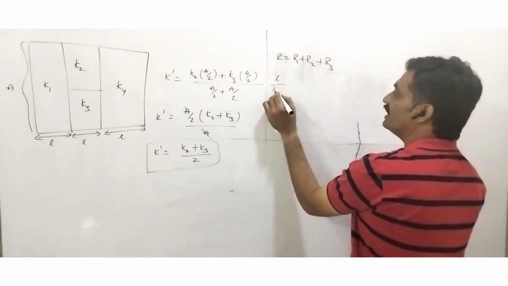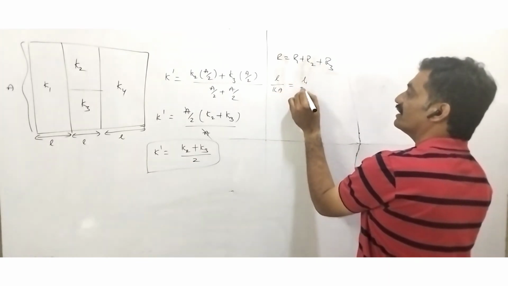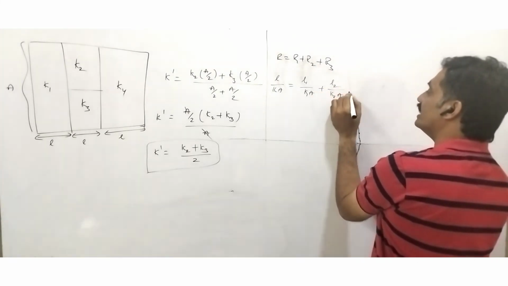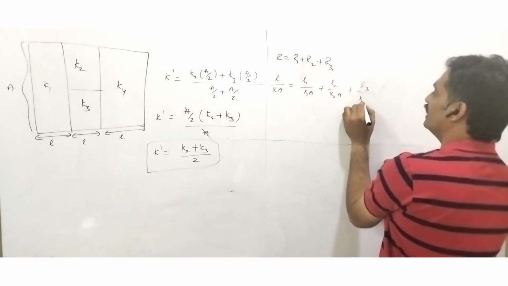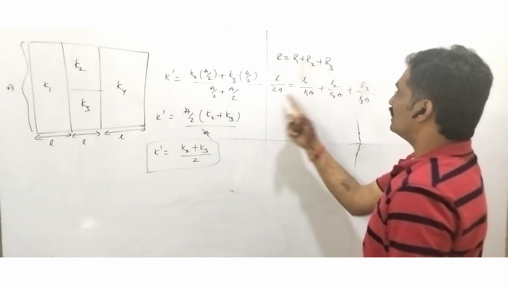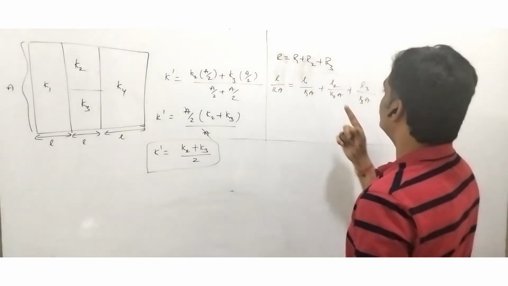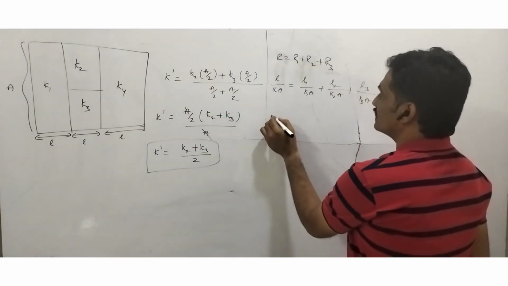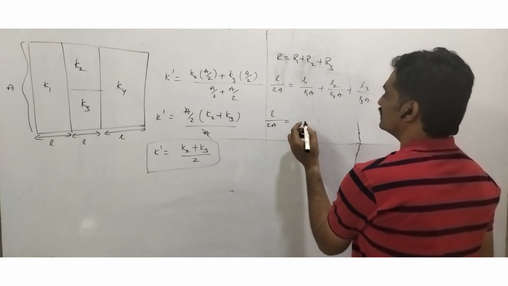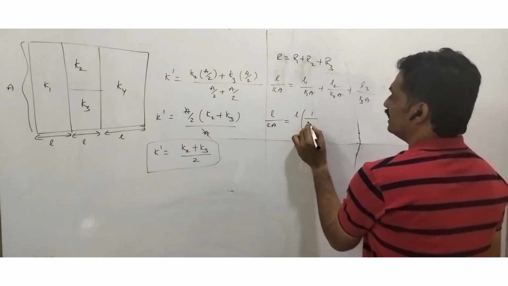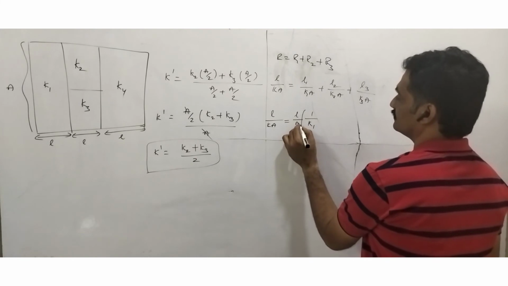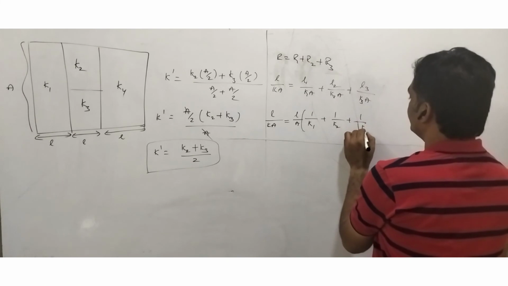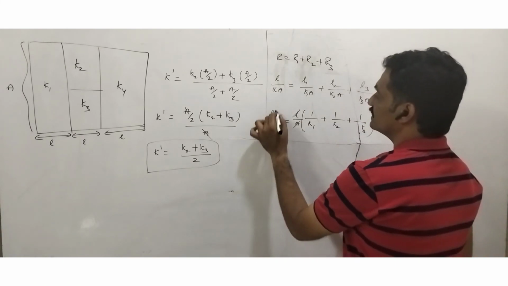So L by KA is equal to L1 by K1 A plus L2 by K2 A plus L3 by K3 A. Now A gets cancelled on both sides, and L is the same L. So L by K is equal to L times (1 by K1 plus 1 by K2 plus 1 by K3). Here A gets cancelled and L gets cancelled.